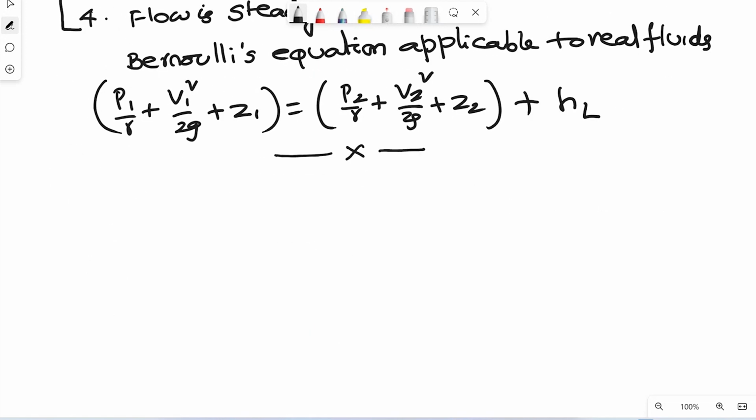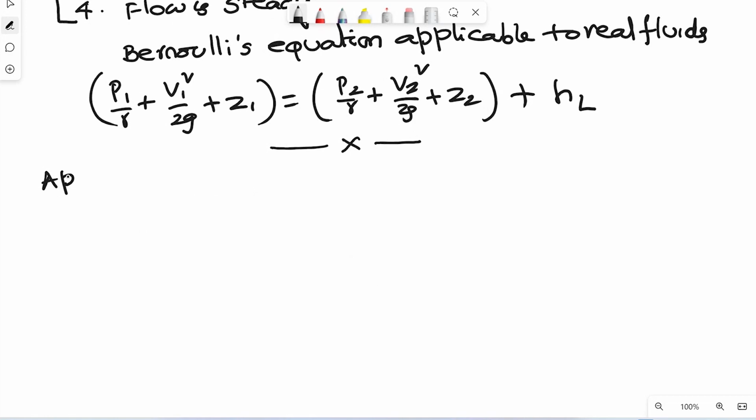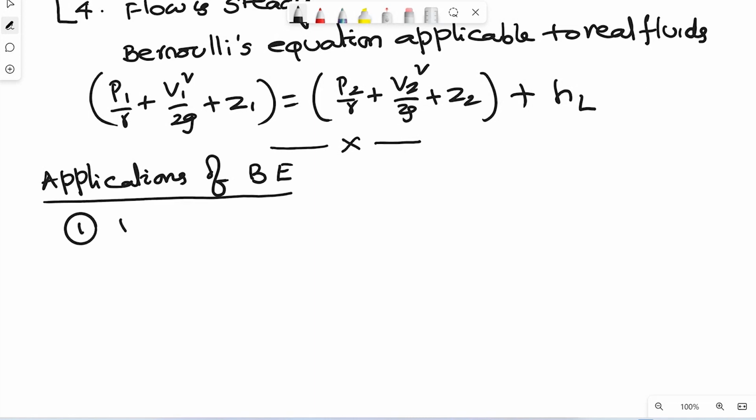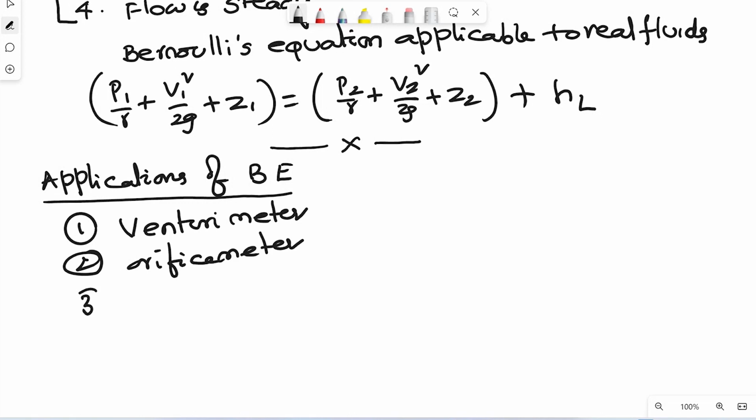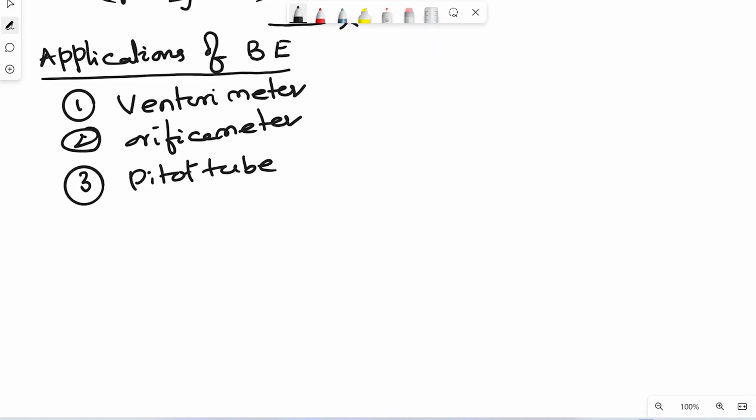Then coming to the applications of Bernoulli's equation. Number one is Venturi meter, number two is orifice meter, number three is Pitot tube. These are the three we have in our curriculum. So let me start straight away.